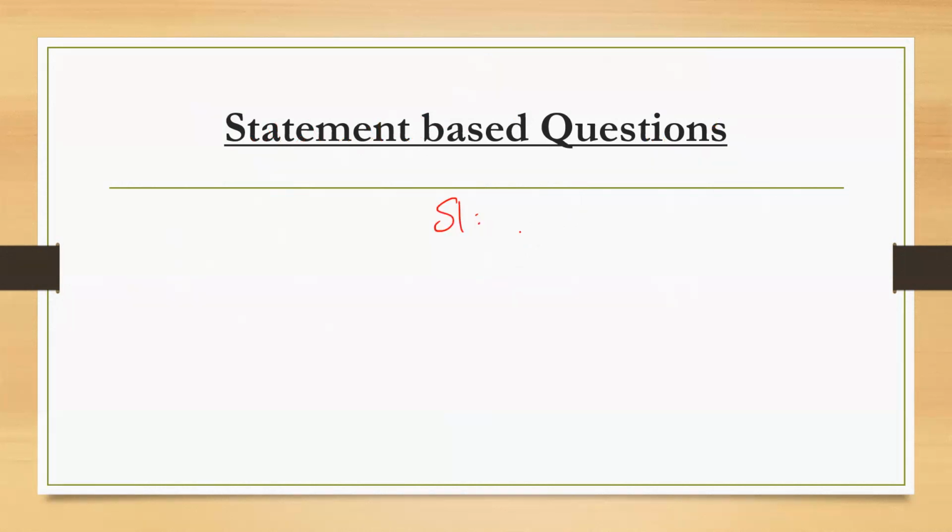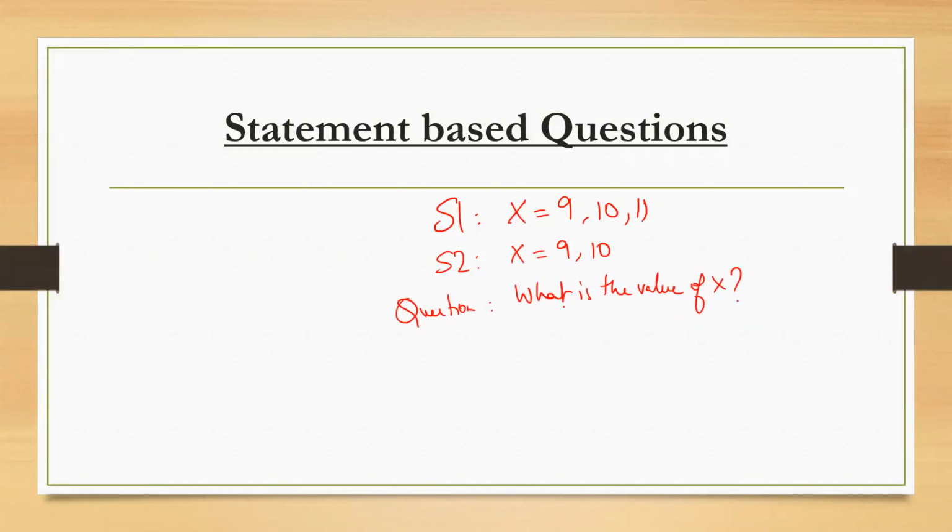Now for statement one, we do not know what the values are. Okay, I'm just assuming some statement is given. You have solved that statement. You are getting values as 9, 10, and 11. Statement one. Okay. Statement two, again some statement is given. You are getting two values, 9 and 10, when you have solved that statement. Okay. Now the question given is, what is the value of x?